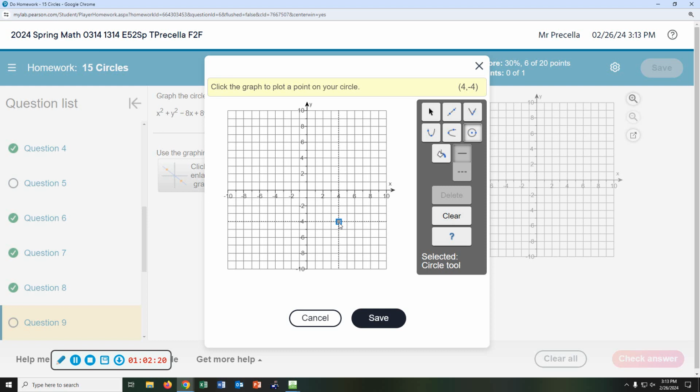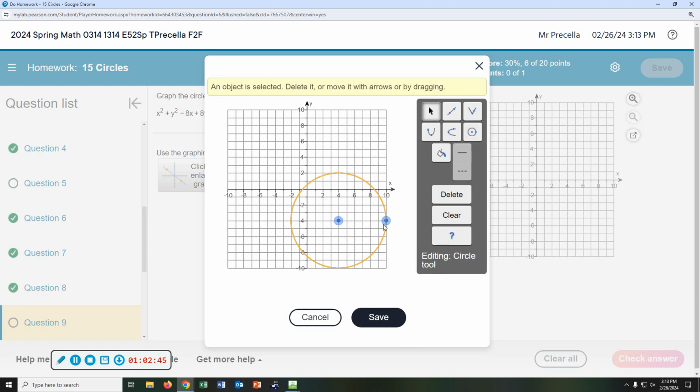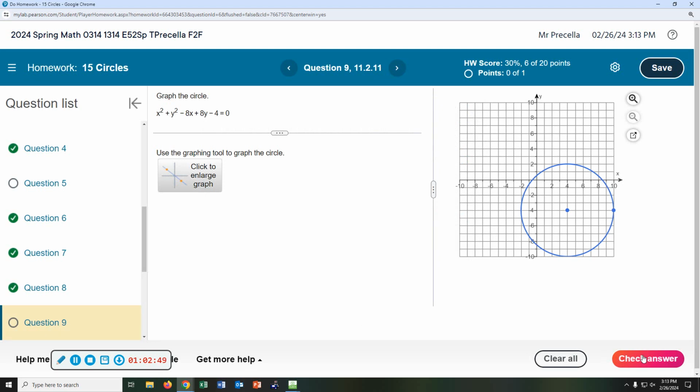And then what's the radius? 6. So what do y'all want to do? Up, down, left, or right? It makes no difference to me. Right? So we're going 1, 2, 3, 4, 5, and 6. 4 plus 6, what number are we at there? 10, is that what we needed? Ah, there it is. And check.